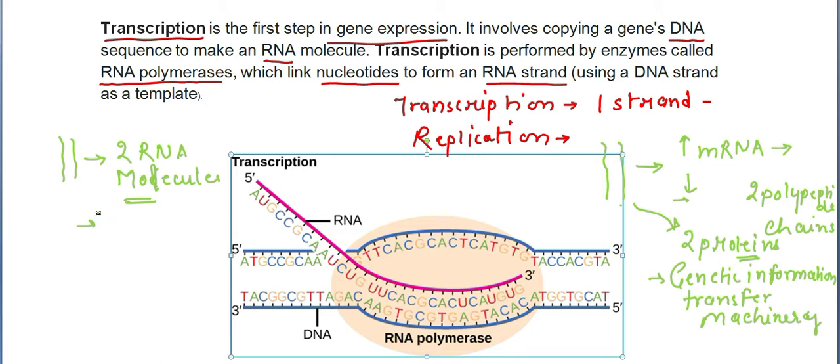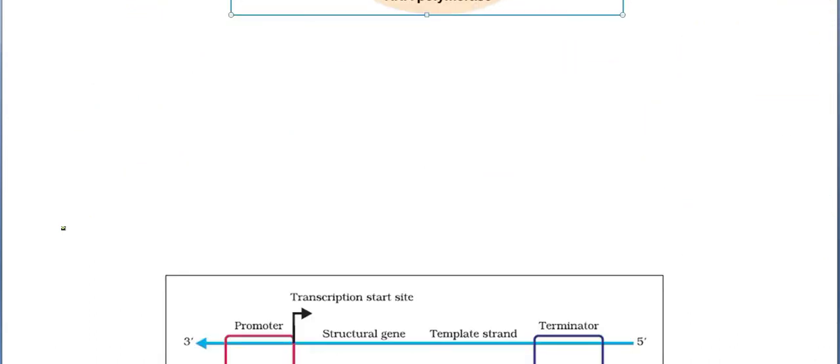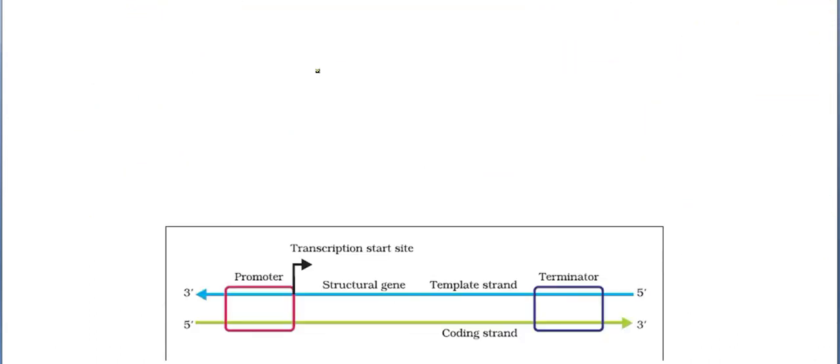So, in this case, the exercise of transcription would become a futile one. So, this is the reason the two strands of DNA are not involved in the process called transcription.